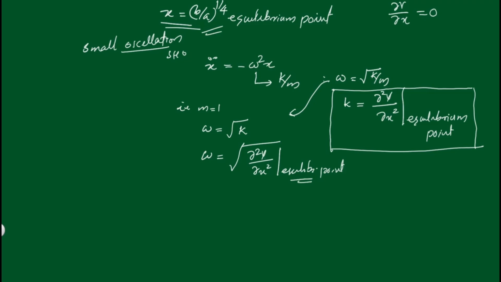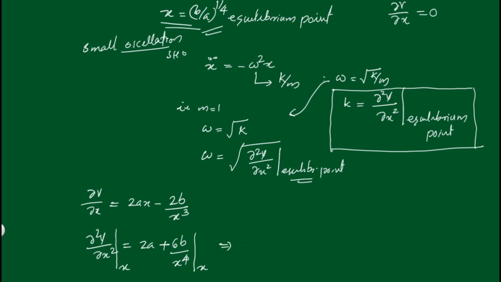So first we have to find dou square V by dou x square. Earlier we got dou V by dou x equal to 2ax minus 2b by x cube. So dou square V by dou x square will be equal to 2a plus 6b by x raised to 4. Now we substitute the x value.